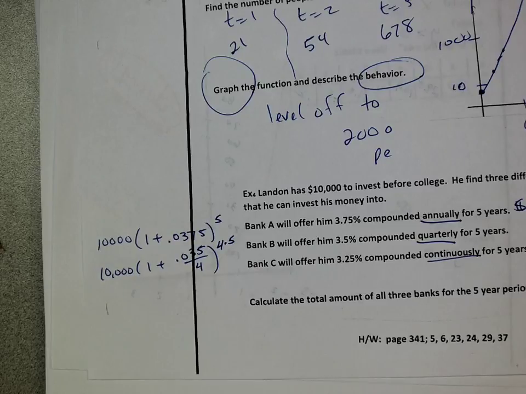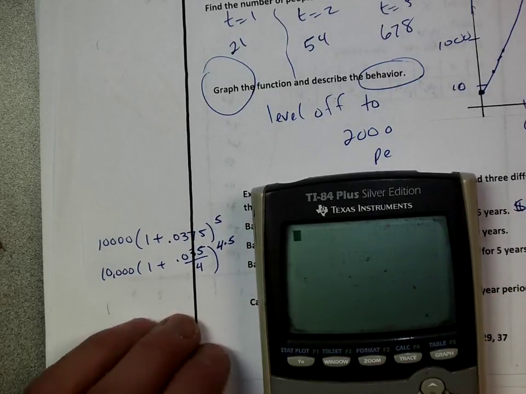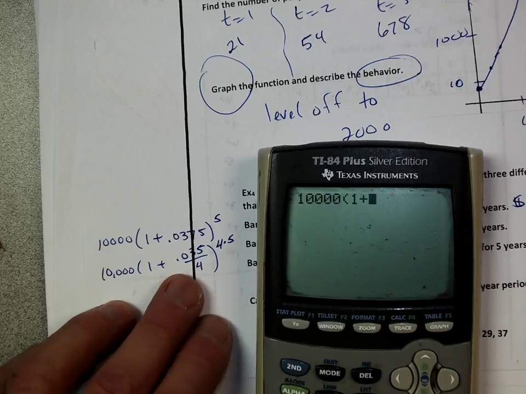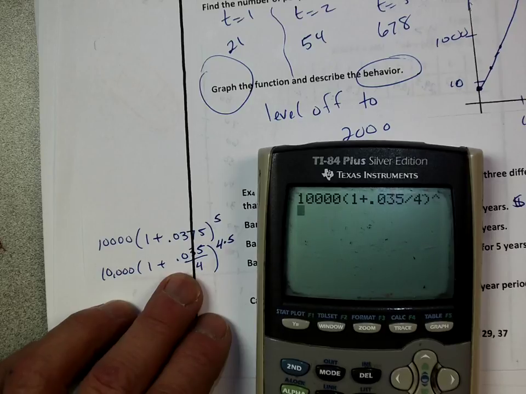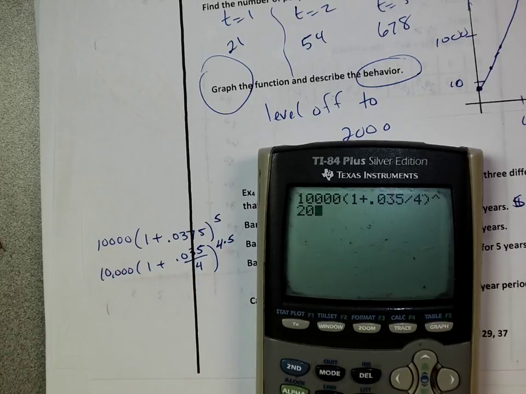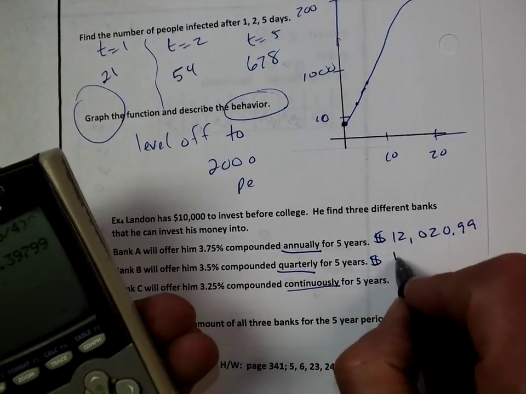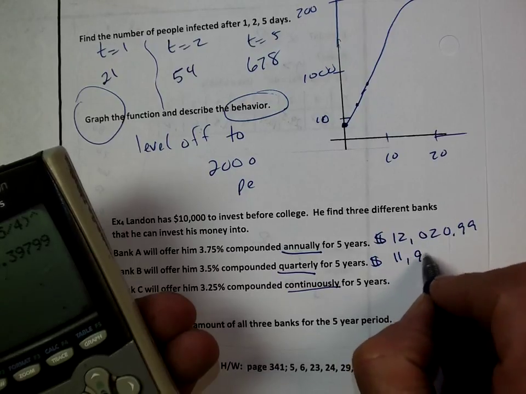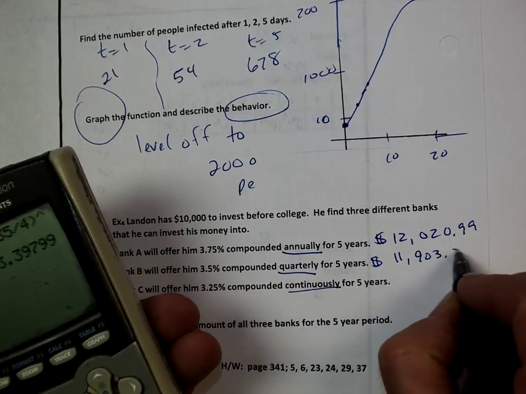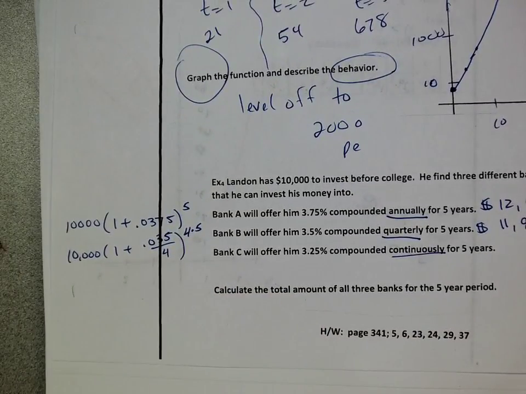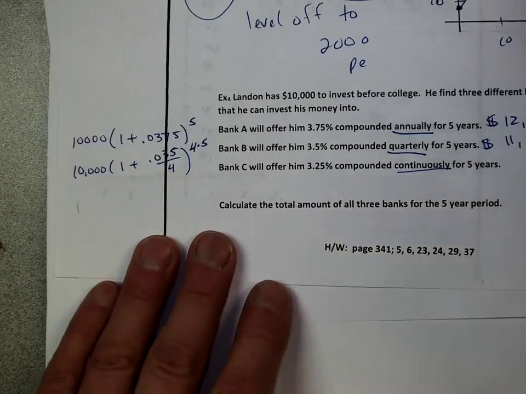All right, let me use my calculator and find out how much money Landon's worth. 10,000 parentheses 1 plus 0.035 divided by 4 to the power of 20, right? How am I doing? Good? All right, so Landon's got 11,000. So this time he's got less money, but he didn't get such a good rate. $11,903.39.